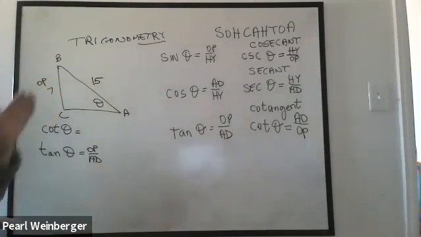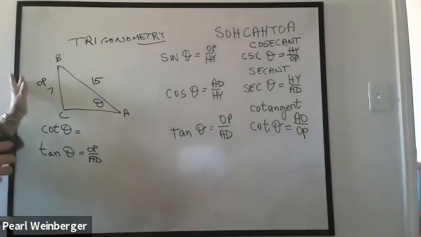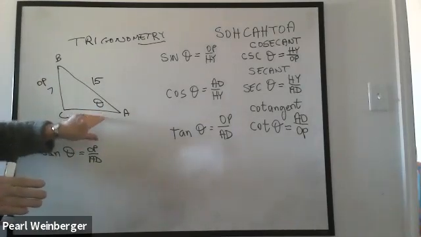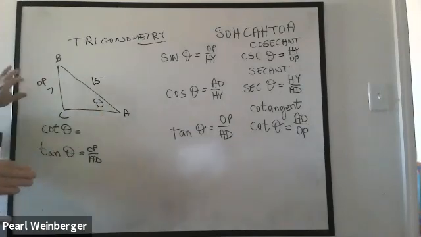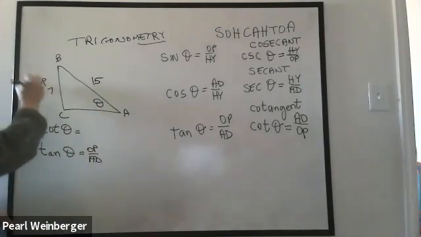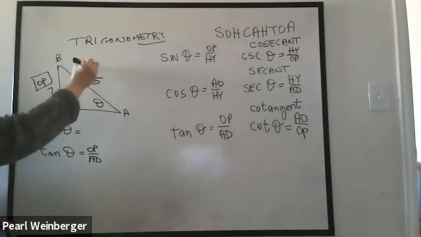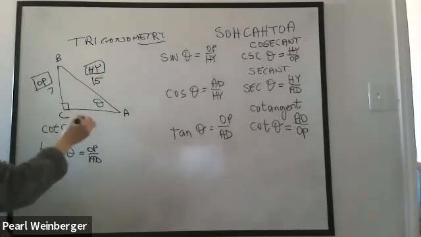Notice how it can switch. Sometimes this is the opposite, sometimes it's the adjacent, depending on the angle I'm looking at. I'm looking at this angle. This is the opposite side. Here is my right angle, so this is my hypotenuse. And therefore, this is my adjacent side.